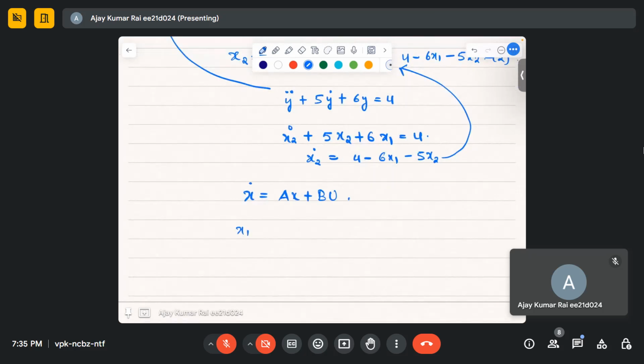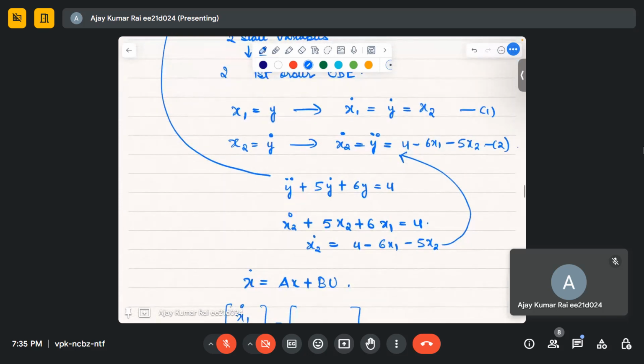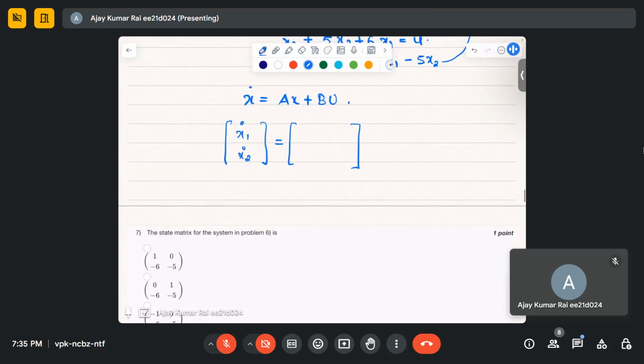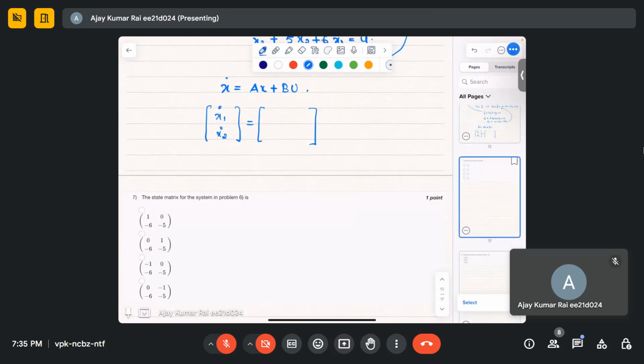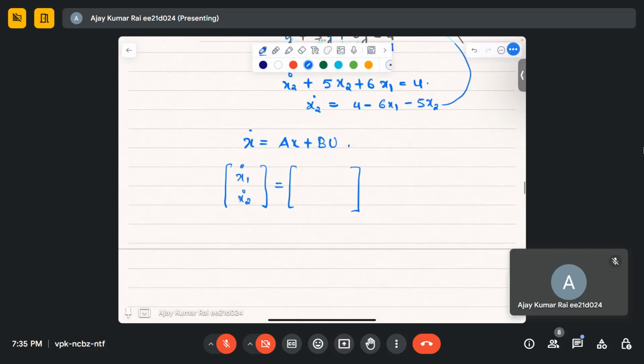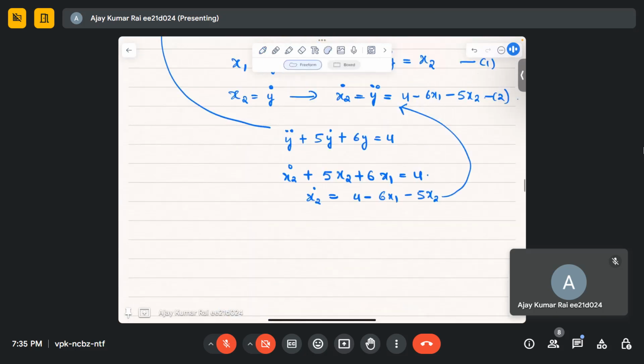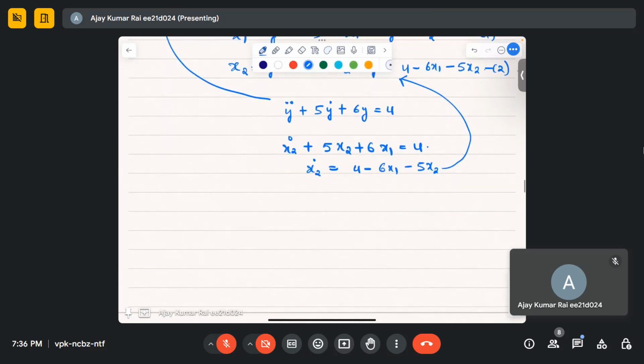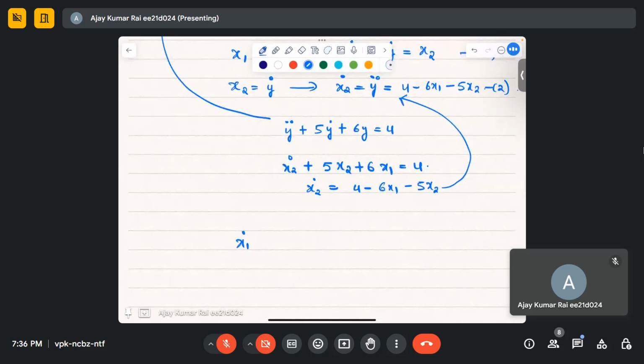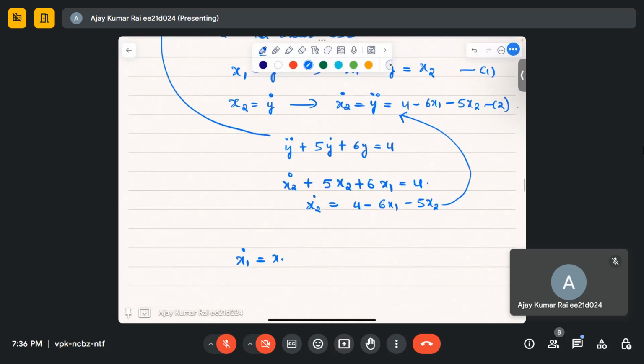The first is x1 dot equal to x2, because we have to write in terms of x1 and x2.